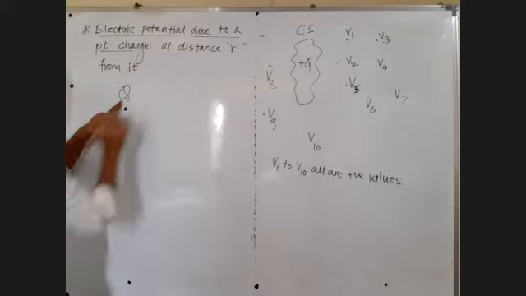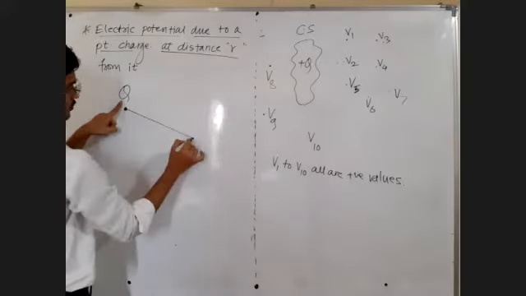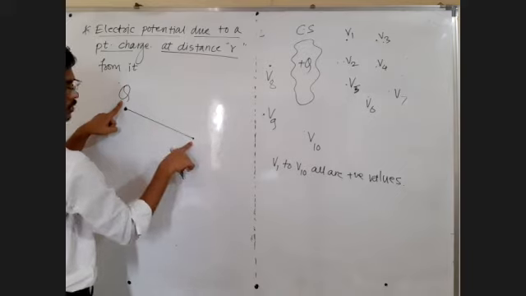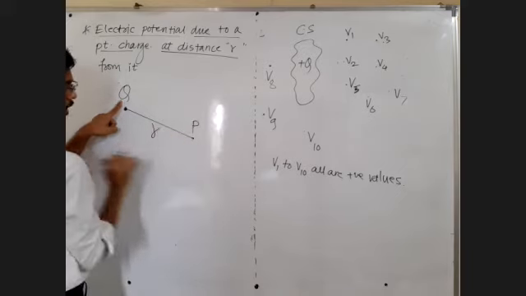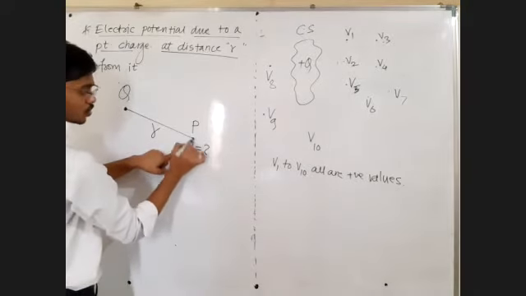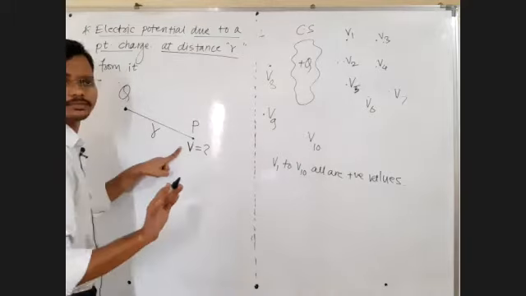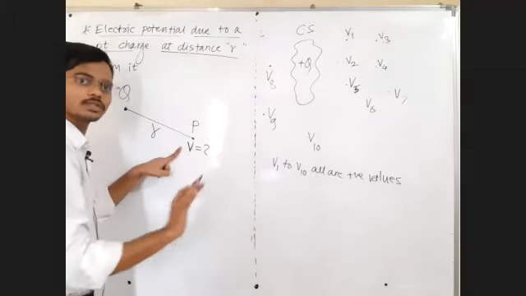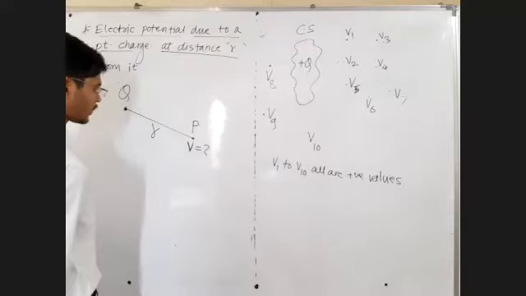Because of this point charge, at a distance equal to r, at this point, let's say this is point P, we have to find out electric potential. It has no direction, so do not draw any kind of arrow. Potential has no direction. It is a scalar value. It can be positive, negative, zero, but it is a scalar value. This potential is equal to question mark.